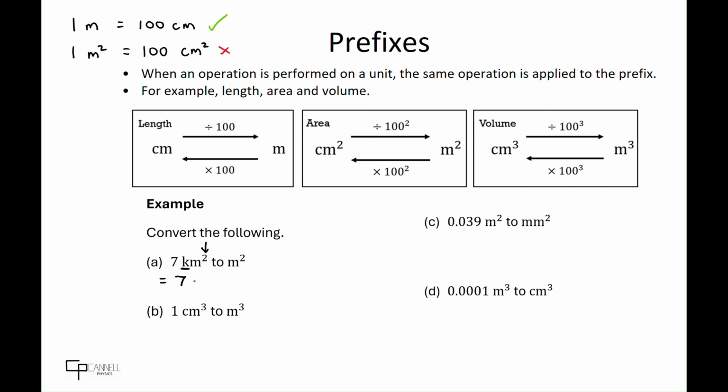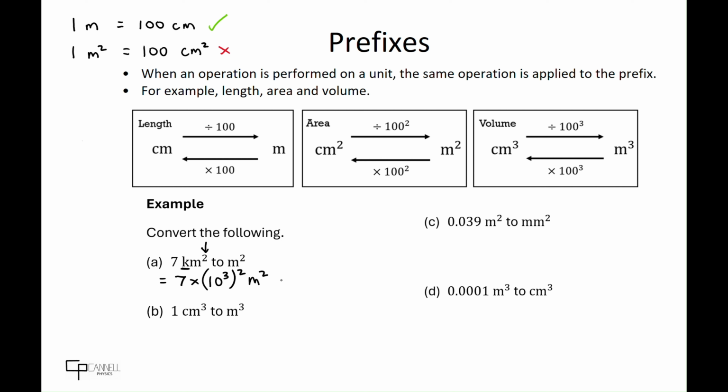We have to multiply by 10 to the power of 3, because that is the metric multiplier or factor for kilo, but it's also going to be squared. And we've still got the square meters here, so we still have to write that. We've just gotten rid of the kilo squared.